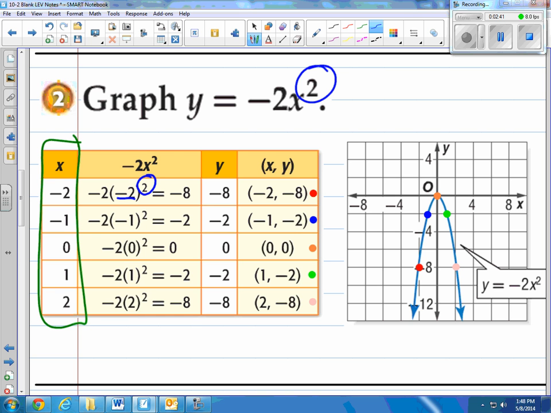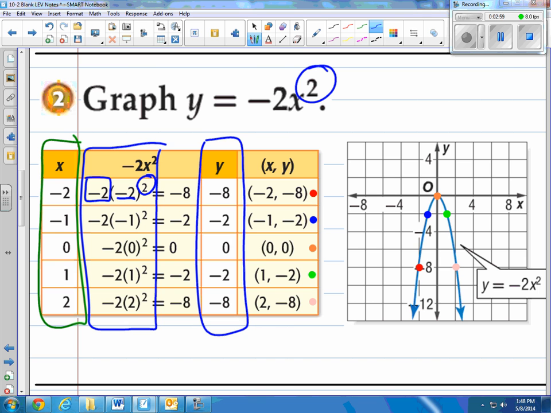That equals 4. So -2 times -2. Then they've multiplied it by this number right here, -2, which is in front. So it's a 4 times -2, that'd be -8. They've shown all the work for all the problems here, plugging in all of the x values, gotten out the y values, and then written them as ordered pairs.